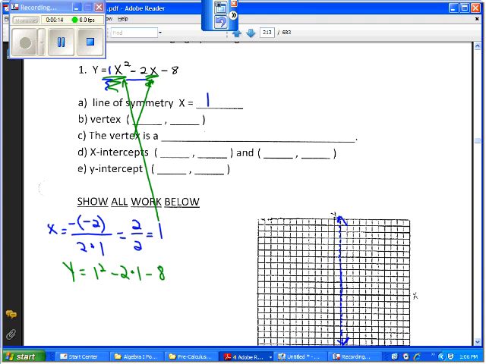We're going to plug x into the x positions in our equation and solve for y. So we're going to have y equals 1 minus 2 minus 8, and so y is equal to negative 9. And so my vertex, when x is 1, then y is negative 9. See how we got that?